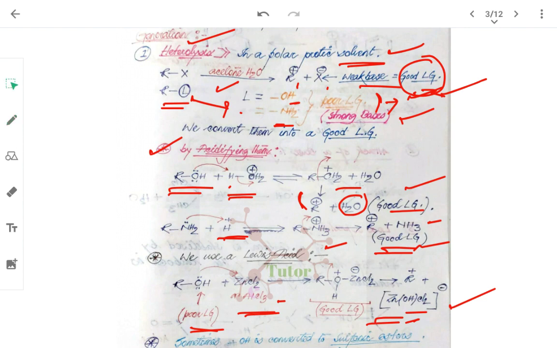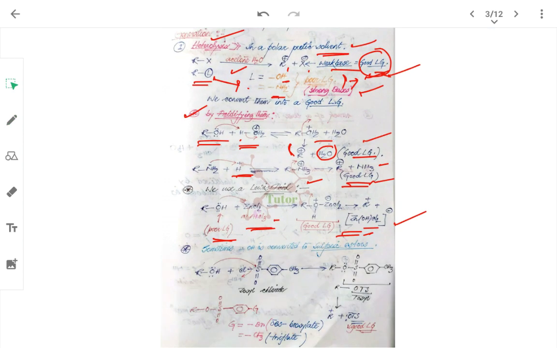Now, sometimes OH is converted to a sulfonic ester. ROH plus tosyl chloride, a sulfonic ester, forms ROTs, tosyl, and this OTs minus is a good leaving group.